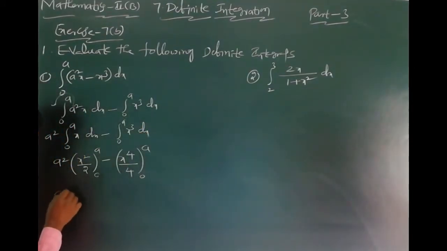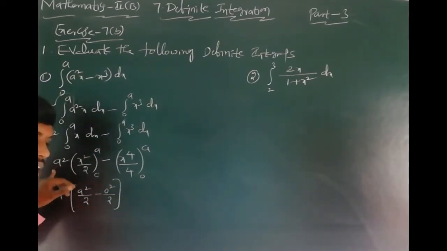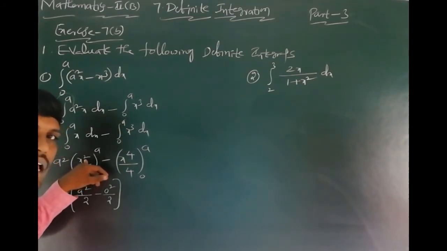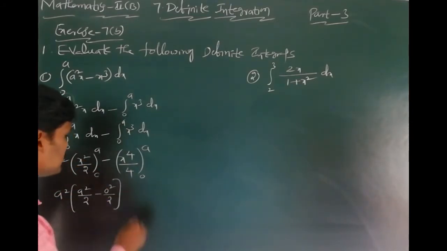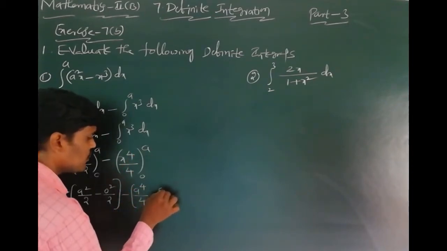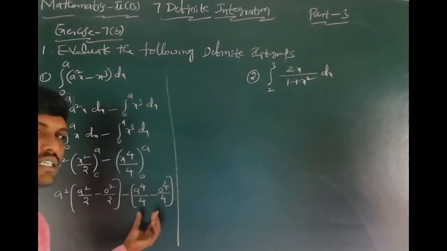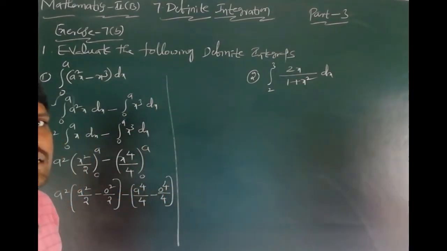So a square into (a square by 2 minus 0 square by 2) minus (a power 4 by 4 minus 0 power 4 by 4). Here also, upper limit a, lower limit 0.